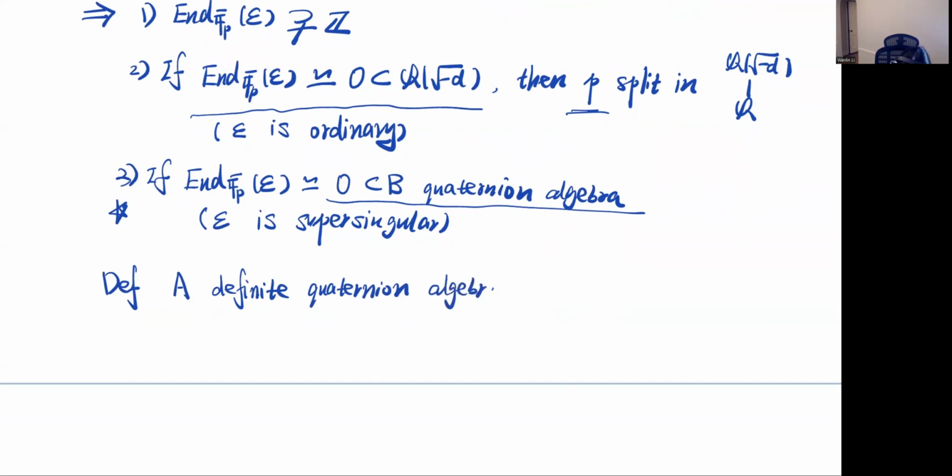A definite quaternion algebra over the field Q is a Q-algebra.